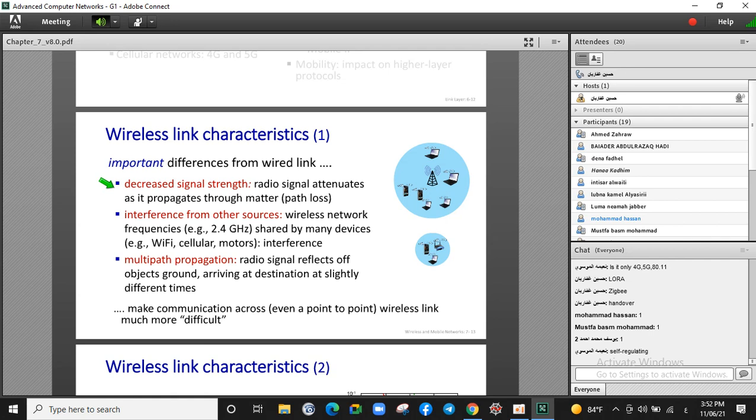So we can see that the signal strength will decrease faster than in a wired network.